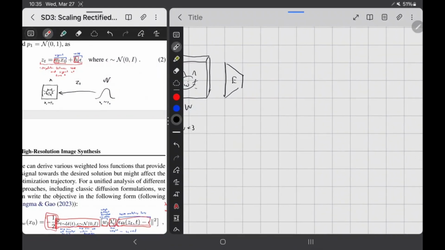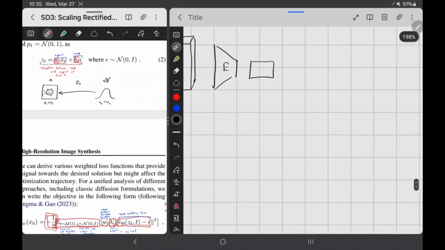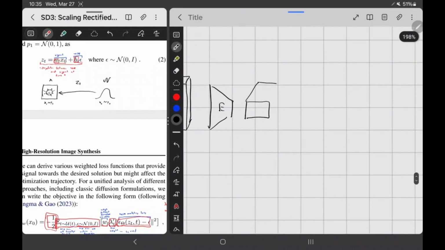If you're curious, Stable Diffusion 1 goes over all about how this works, the encoder and decoder. But essentially you just have this encoder, which encodes it to a latent space, and this has a large dimensionality.